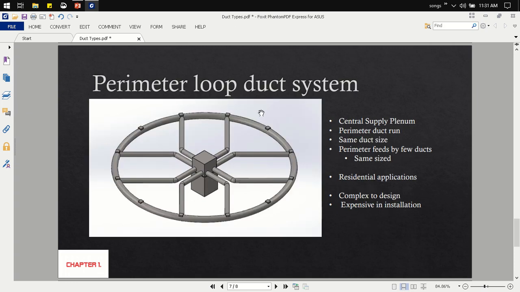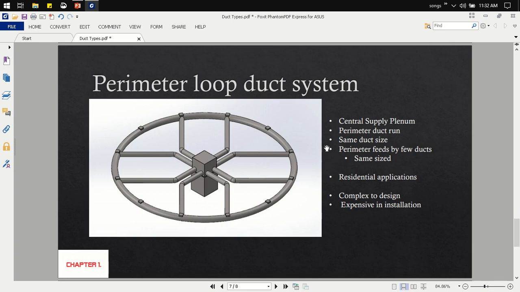We will move to the next type, the perimeter loop duct system. In perimeter loop systems, the radial feeders are connected to the perimeter. Here you are seeing the perimeter duct.